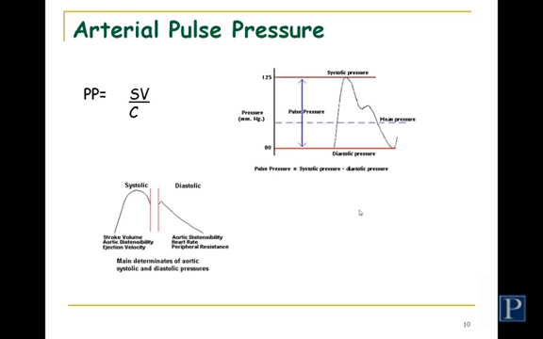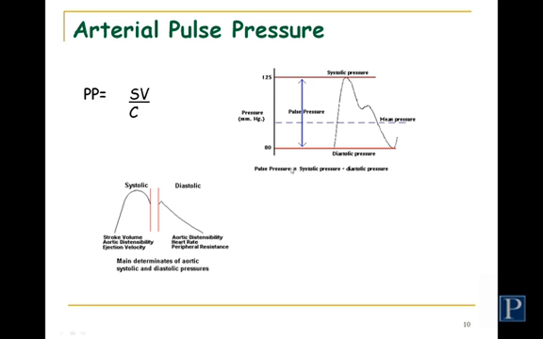So what couple things can influence the pulse pressure? If you know this first equation, then you can tell me. Pulse pressure is influenced by systolic pressure. It can be influenced by your diastolic pressure. So if you increase your systolic pressure but don't change diastolic, your pulse pressure would increase. If you decrease the systolic, it would decrease.